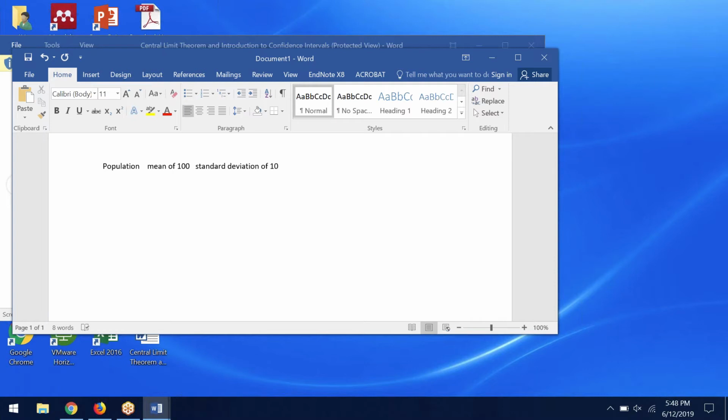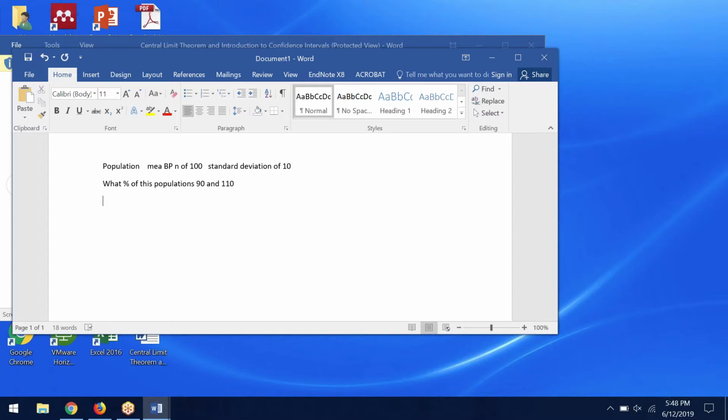If I were to ask you what percentage of this population has a value, whatever this is, weight, blood pressure, test score, I'm going to call it blood pressure. Let's say the mean blood pressure is 100. What percentage of this population has a blood pressure between 90 and 110?